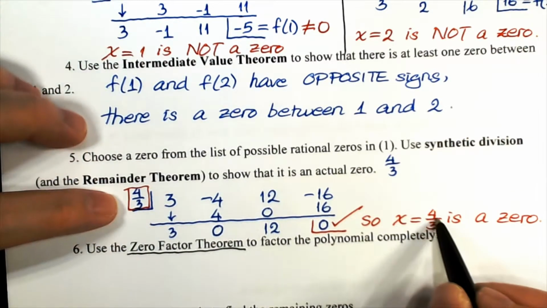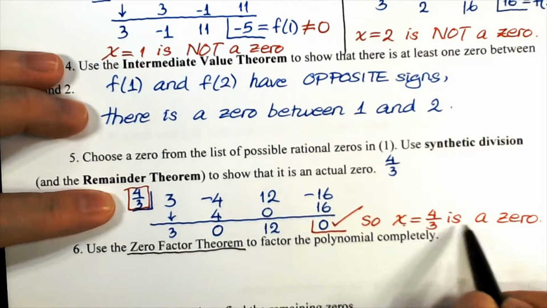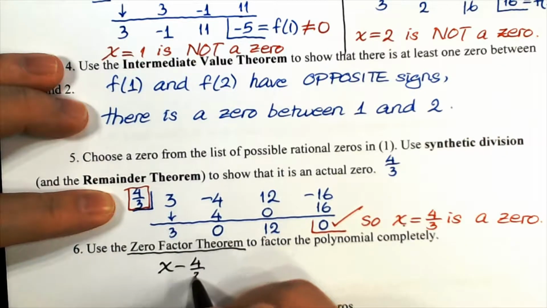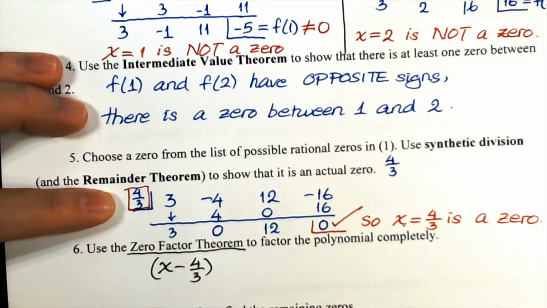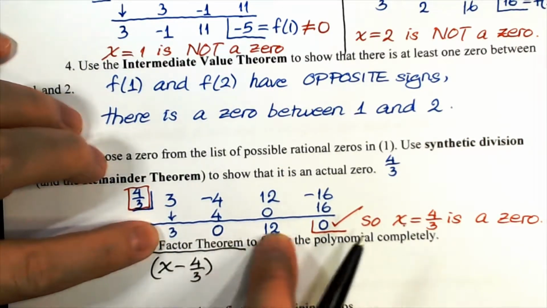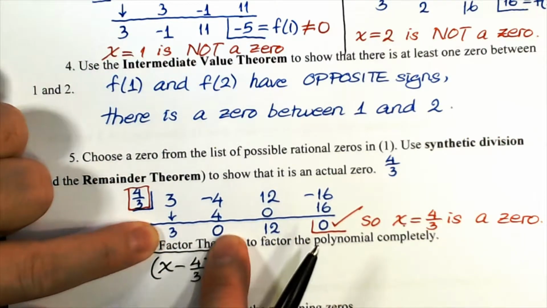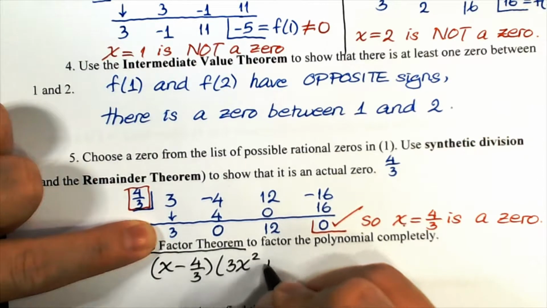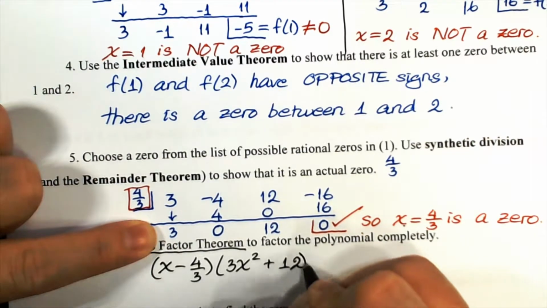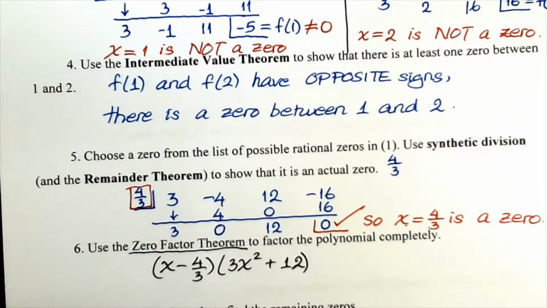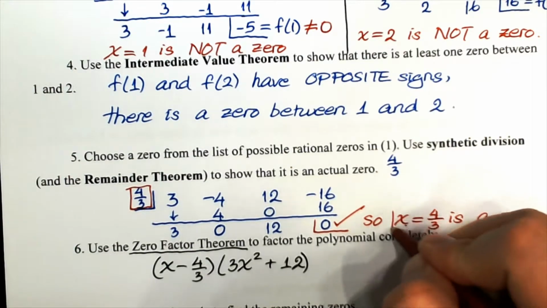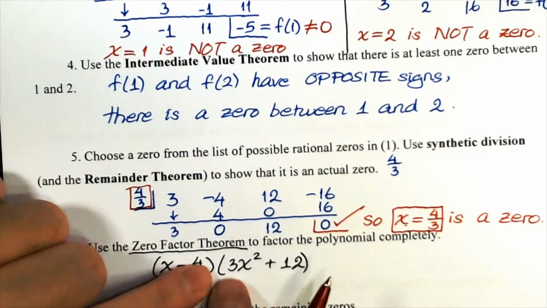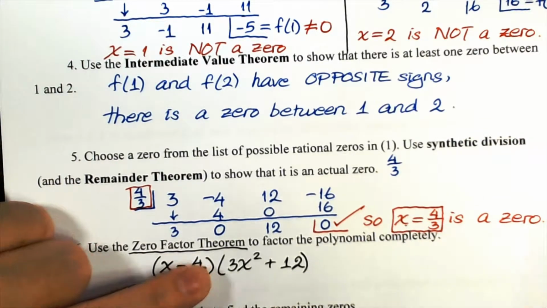We say that if x equal to 4 thirds is a 0, then x minus 4 over 3 must be a factor, and the other factor will be 3x squared plus 12. So now we also have one zero. We just need to find the zeros from here.